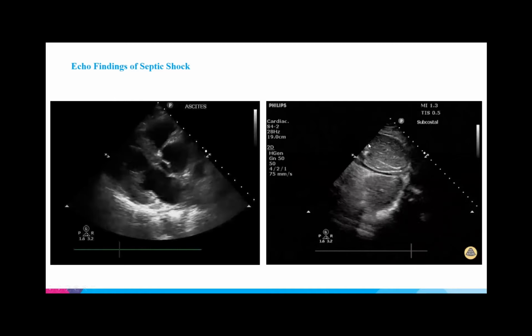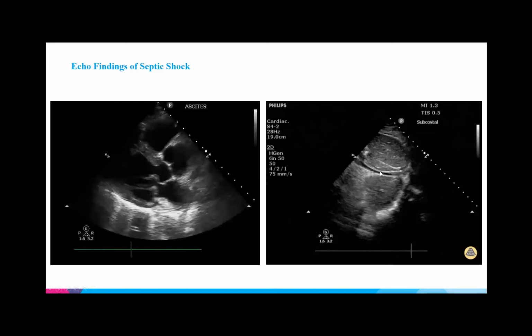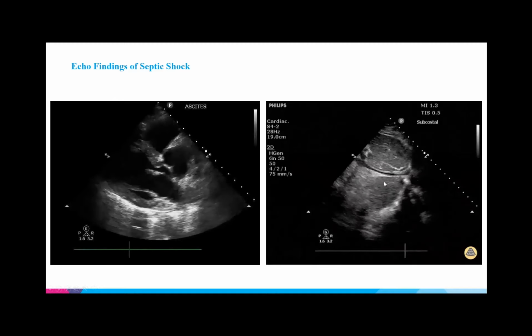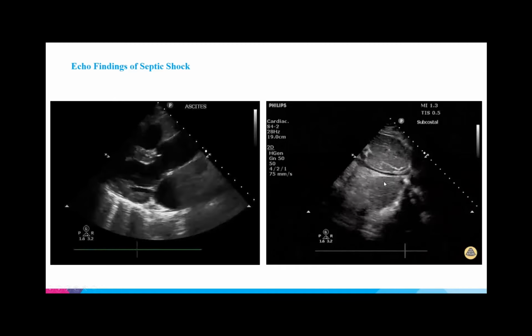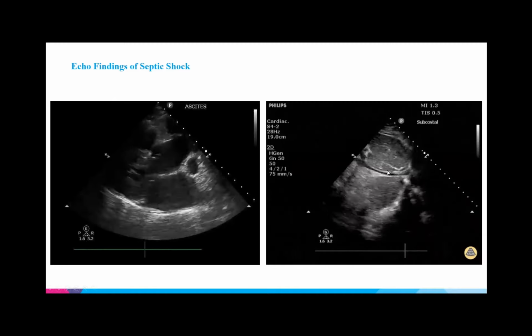Yep. So this is basically a very small collapsed IVC. Sometimes we call it a virtual IVC when it's so small that you can barely see it. So this is definitely a patient that you would think might benefit from volume resuscitation.